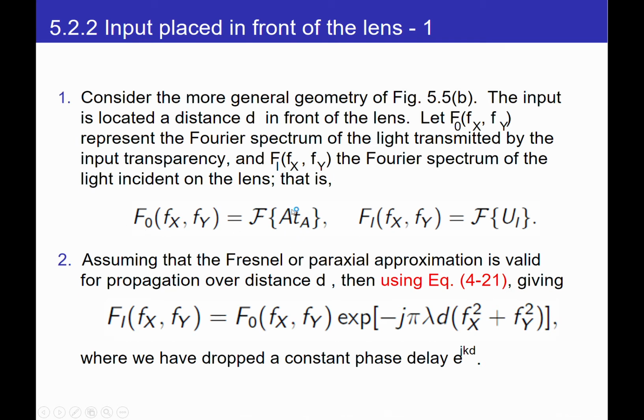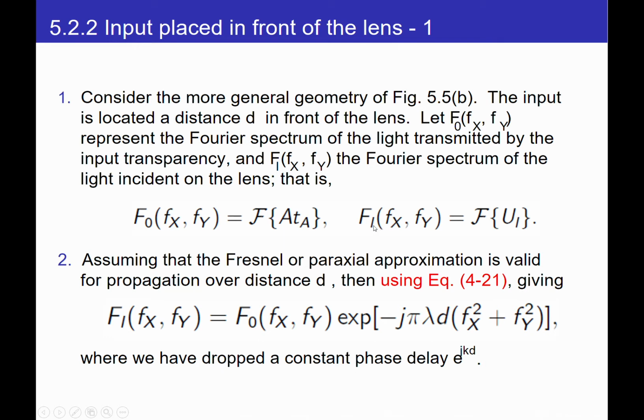One is F0, the Fourier transformation of the input transparency, actually the image, you can say. So F0 is the amplitude transmittance of the input transparency, and its Fourier transformation.